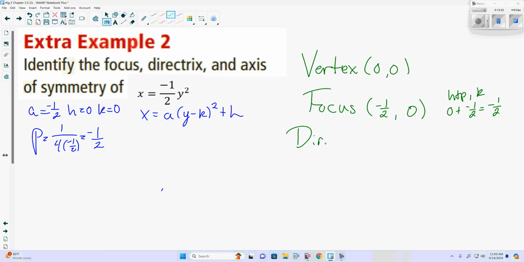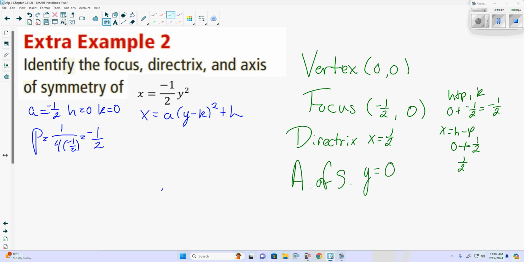Directrix: x equals h minus p. Well, our h is 0. 0 minus negative 1/2, or 0 plus 1/2, which is positive 1/2. Axis of symmetry: y is equal to k, which is just 0.